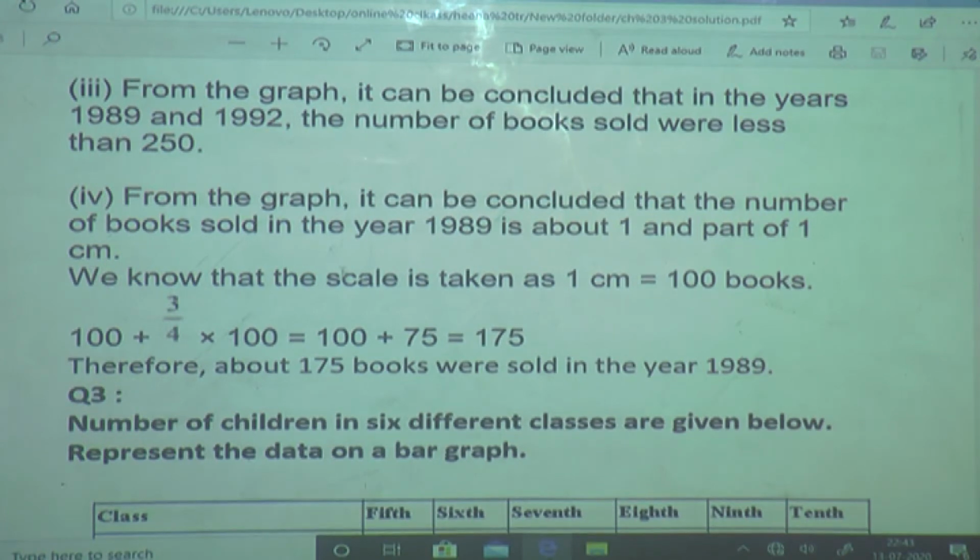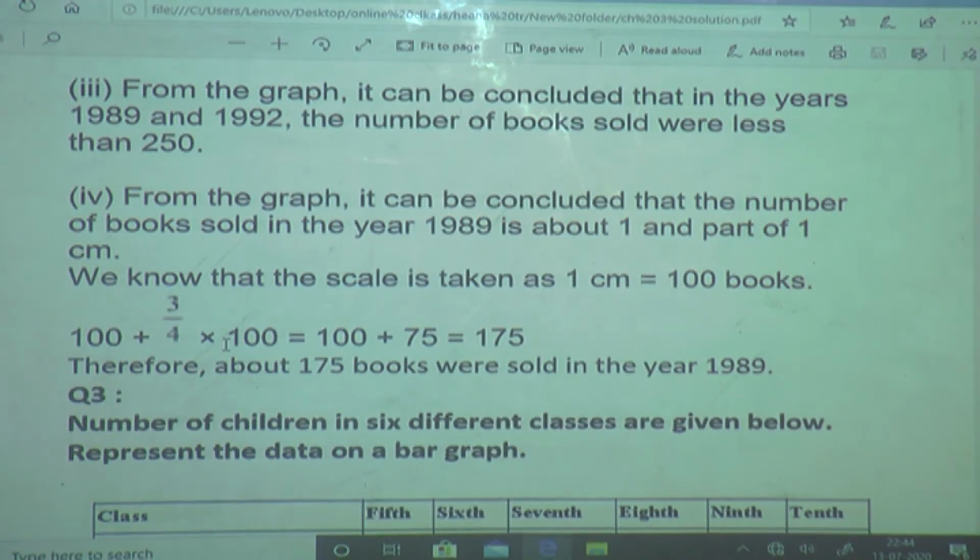We know that the scale is taken as 1 centimeter equals 100 books. It is already given in the graph on the right side corner. So you know very well that 1 centimeter is equal to 100 books. So we can find that 100 plus 3 upon 4 into 100 is equal to, and now you know very well how to do this. This is an addition and this is a multiplication. So we will write the addition as it is and then multiply by reducing, because in the previous lesson we had already learned about fractions.